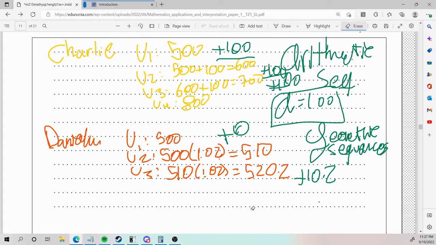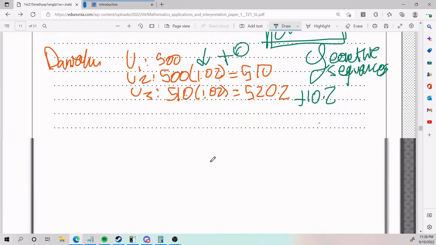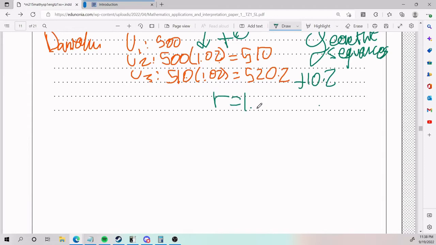The number that affects it isn't the same each time, because there's a certain rate to it, a 2% applied each time. That is useful for identifying geometric sequences and knowing how to approach this. The one on top has d equals 100. The one on the bottom, the 2%, is going to be r equals 1.02.